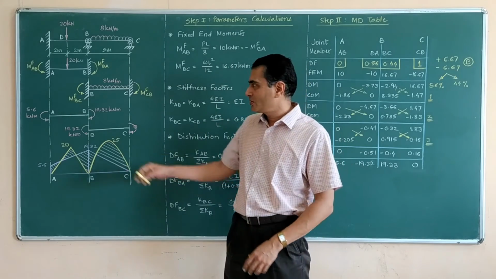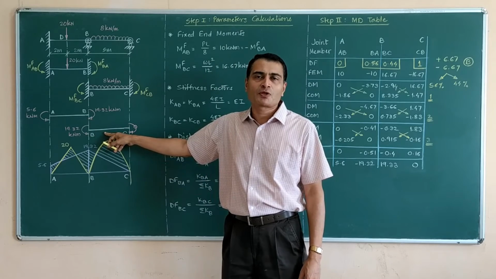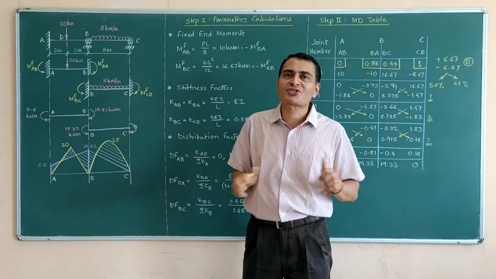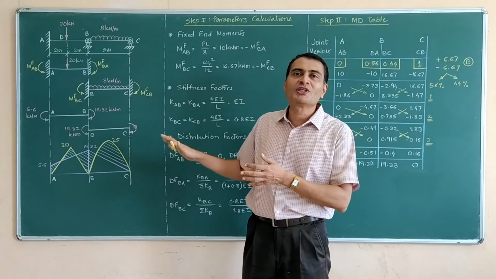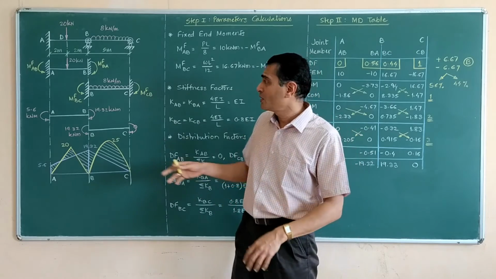So here is a half complete FBD, half complete in the sense that end shears I am not showing because I don't need them while plotting the bending moment diagram by superposition.